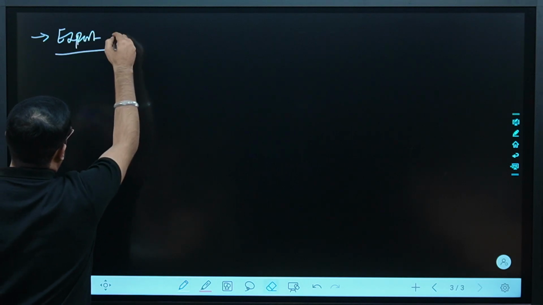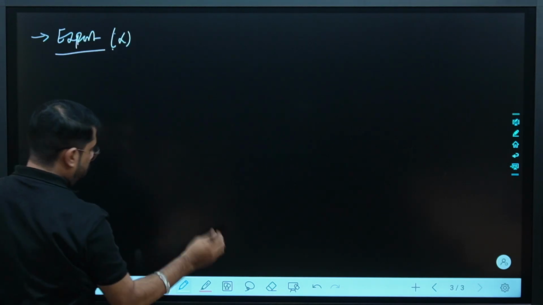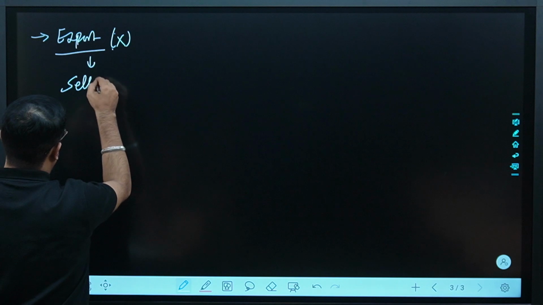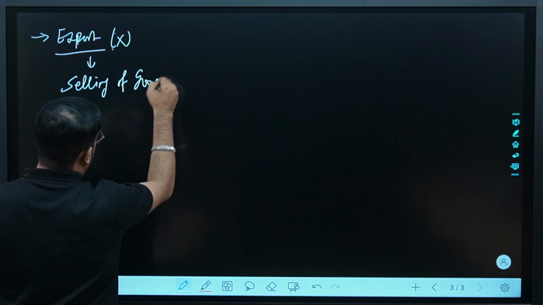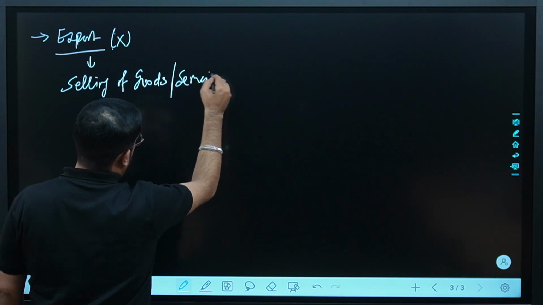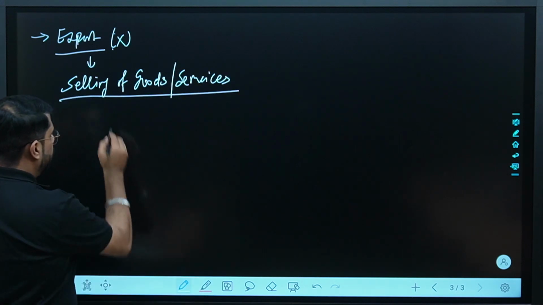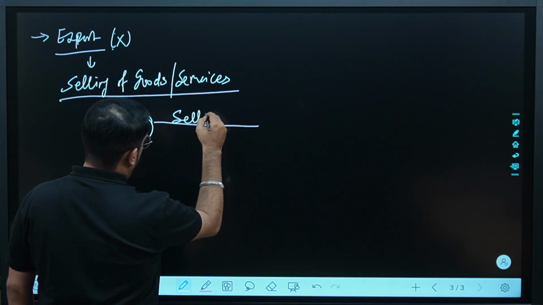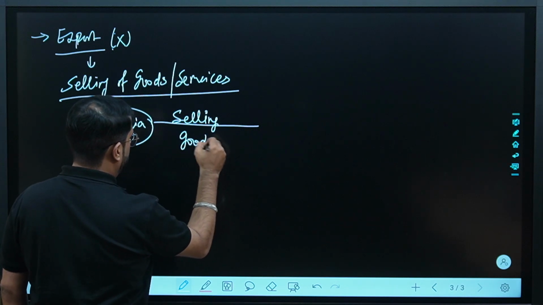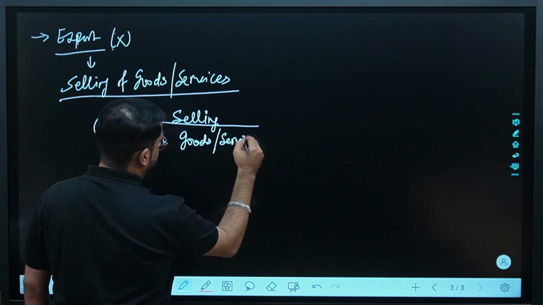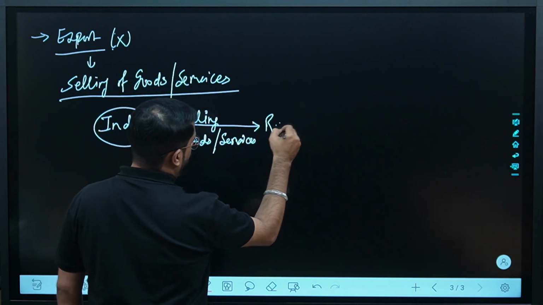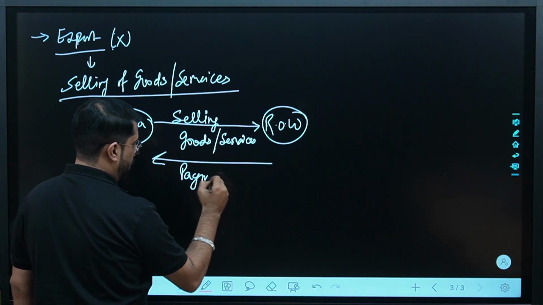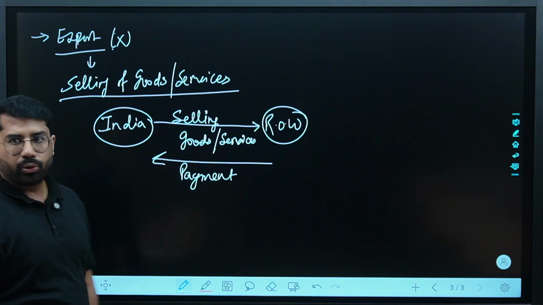Export, that is X, means selling of goods and services, means India selling goods and services to rest of the world and rest of the world making payment for the same. This is what we call export.